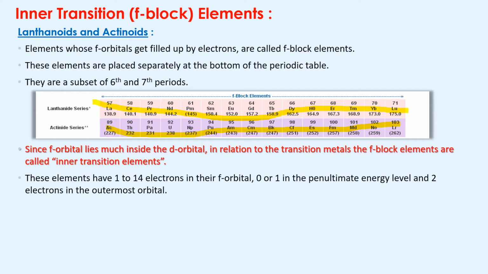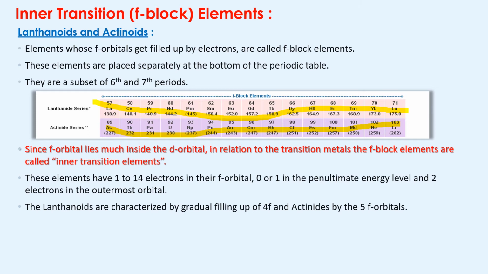These elements have 1 to 14 electrons because the f orbital has a capacity of 1 to 14 electrons. Okay, or 0 or 1 in their penultimate energy level and 2 electrons in the outermost orbital. So lanthanides are characterized by gradual filling of 4f and actinides are characterized by filling of 5f orbitals. So when it is lanthanide, your 4f orbital will fill, and whenever you have actinide, there is a 5f orbital which is filled.